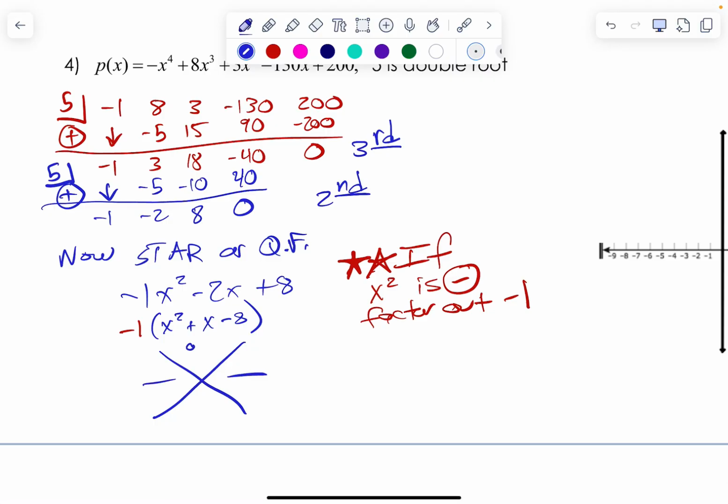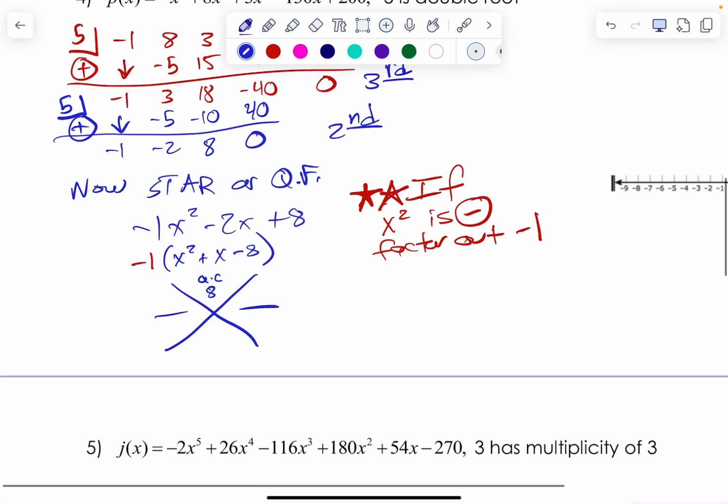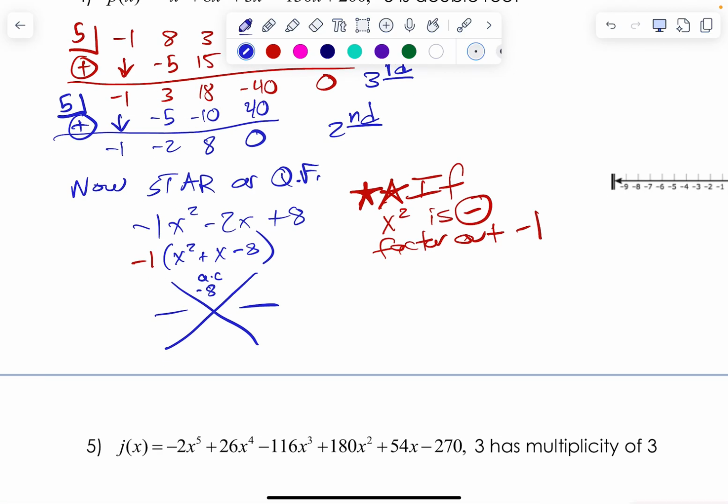Okay, a times c is negative 8. B is 1. Should have a 2 there. Sorry about that. That should have a 2. It was Sophia's fault.